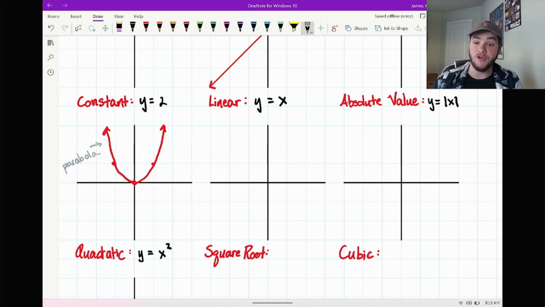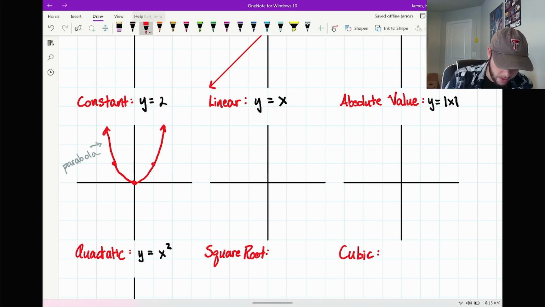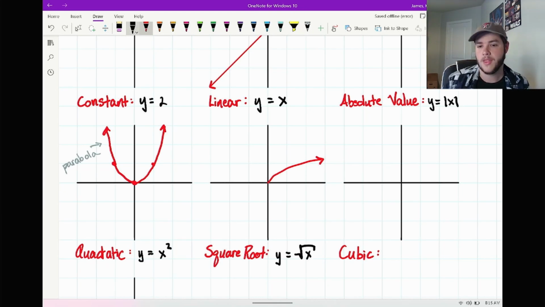But that's a parabola. The square root function looks like this. And the simplest one to graph would be y equals root x. And you can imagine if a square and a square root are important, a cube and a cube root are important as well.